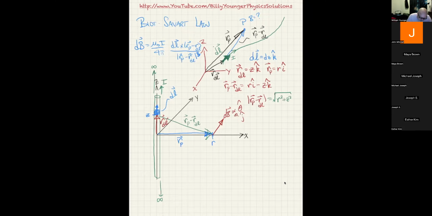So all I have to do is say B is equal to the integral of dB. That's going to be mu_0 I over 4 pi times the integral of, we now have dL, which is dz k hat. That has to be crossed with r i hat minus z k hat.